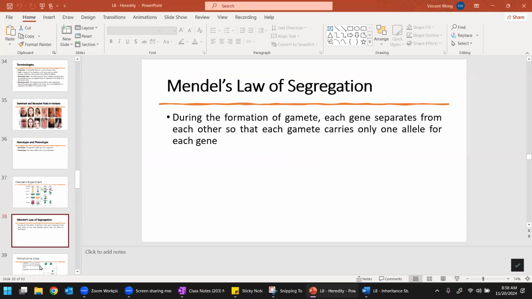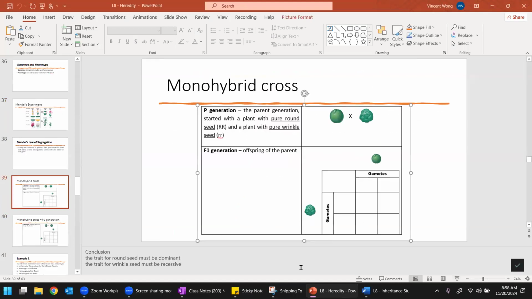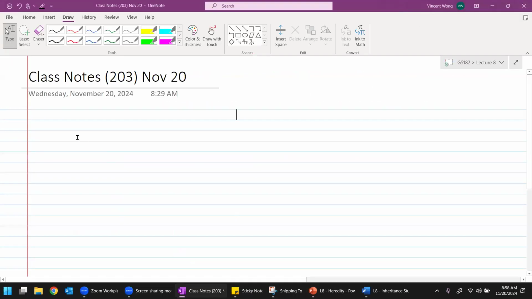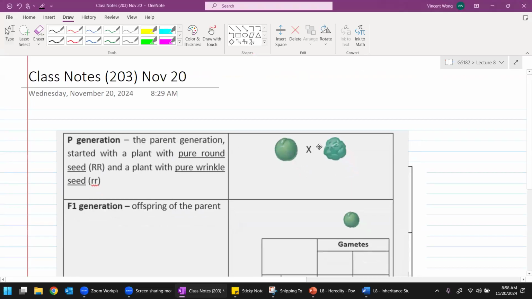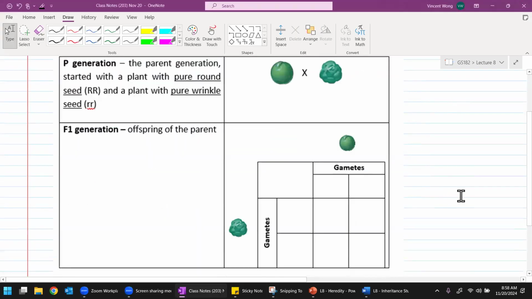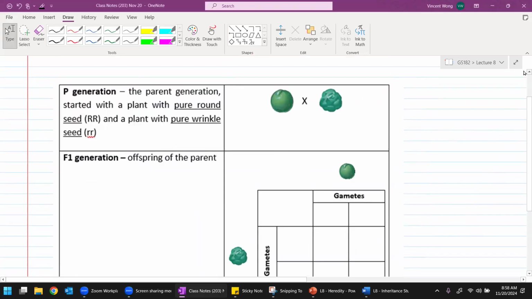Now we're going to do this thing on the notes here. When he did this experiment, he didn't know round is dominant over wrinkle.